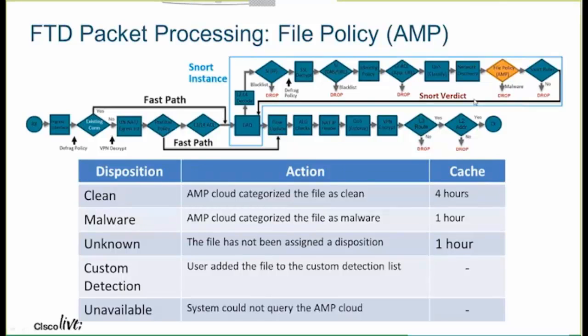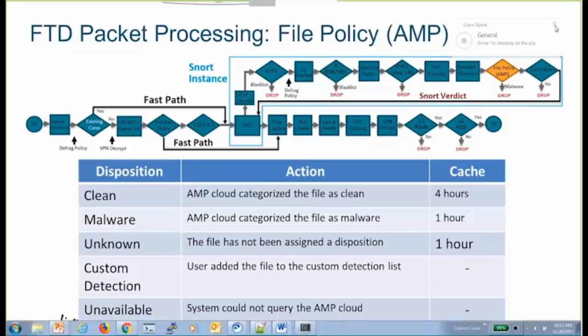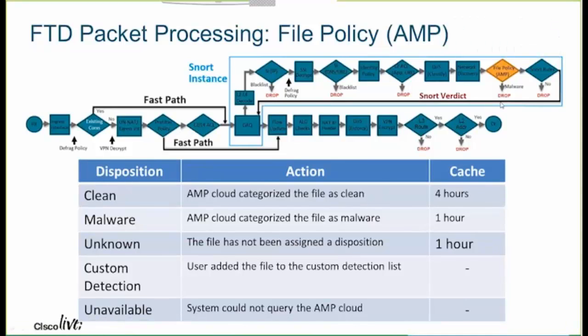But in case the file is considered as malware by the cloud disposition, we store that hash value in the cache for only an hour. The reason we do that is because there have been conditions wherein initially the cloud lookup can dispose the file as a malware, but after later analysis it would probably be considered as a non-malware file.